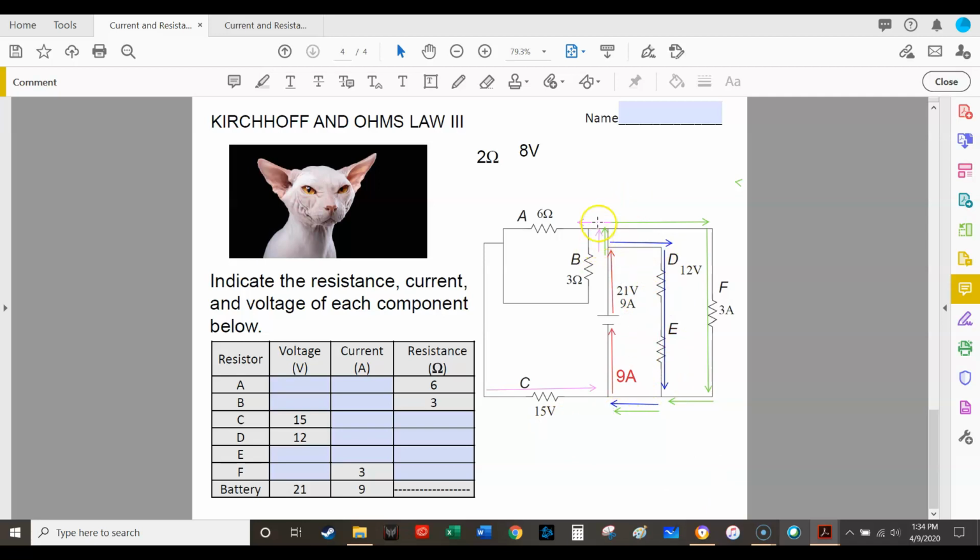And pink is heading up and heading to the left, splitting up through here, heading across here, heading through the wire, heading down through C, heading across and joining up with green and blue to form red again.